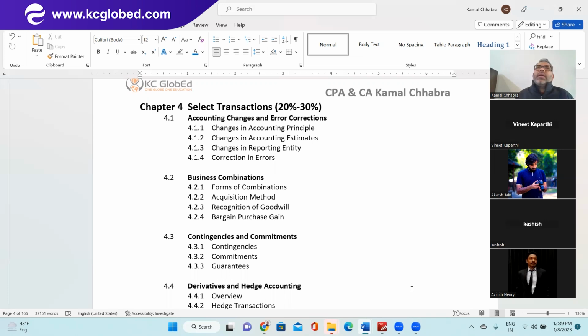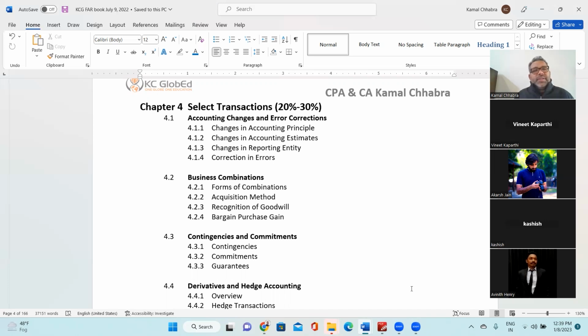One is change in GAAP, where you need to adopt new GAAP, like moving from ASC 605 to 606, from ASC 840 to 842, or from ASC 320 to 326. Those are changes in GAAP, which require you to change or upgrade your accounting policy. Second is change in methods.